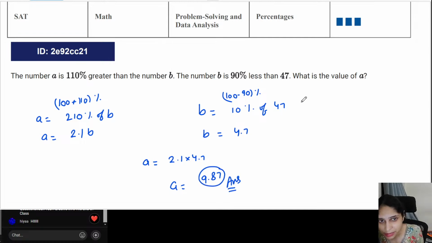So 90% less than means it's 10%. 110% greater than means it's 210% because you're adding 100 there. Here you're subtracting from 100. Okay? Because this will be simply 47 over 10, that is 4.7.